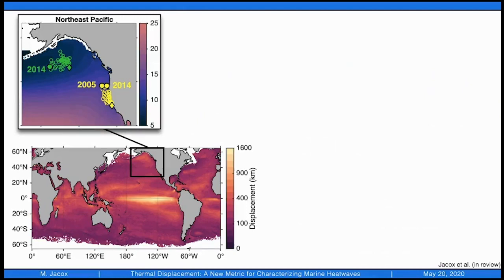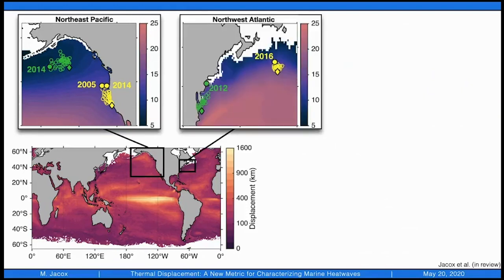This Northeast Pacific marine heat wave gained so much attention. Off California, 2005 is another one that jumps out, and this was a year where there was a very delayed onset of upwelling that led to very warm anomalies and cascading impacts throughout the ecosystem that has been much discussed in the literature.